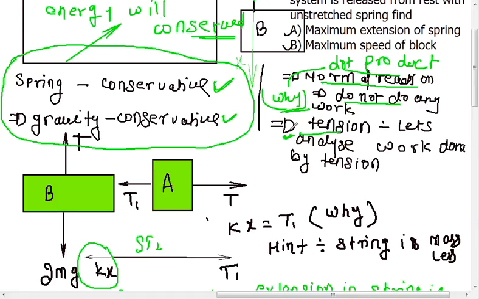Only conservative force is doing work, and that means energy is going to be conserved. So the first thing we have learned is in which condition energy is going to be conserved.